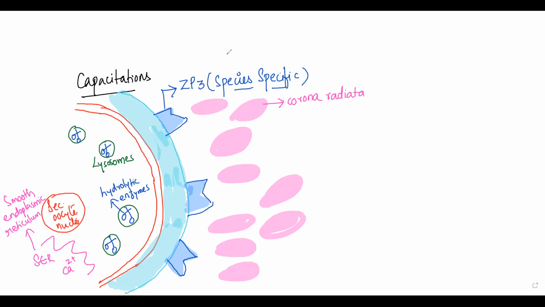Okay, children. And inside, what is this? I told you this is all the secondary oocyte, right? This whole together is going to be the secondary oocyte cell, having all these hydrolytic enzymes, smooth endoplasmic reticulum, and having the nuclei, which is in the stage of what? Secondary ovum, right?